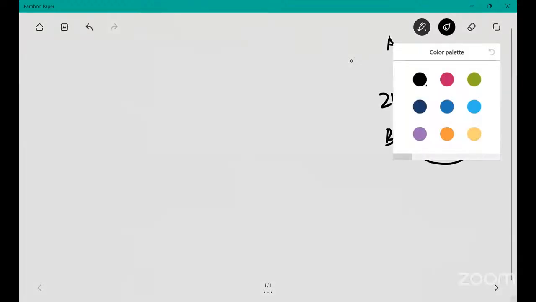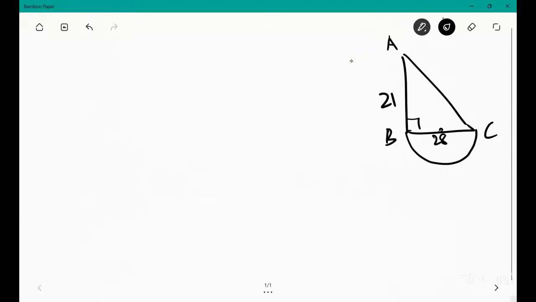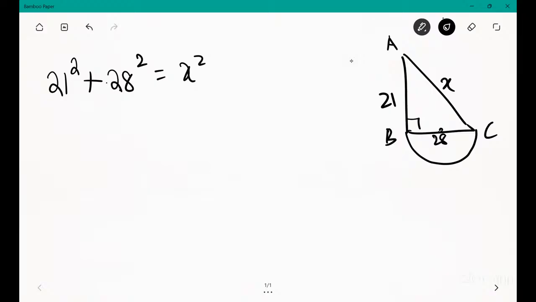So then that's going to give me 21 squared plus 28 squared is equal to x squared. So I'll mark it as x. If you write a letter, you should always know to mark it down. So 21 squared plus 28 squared.